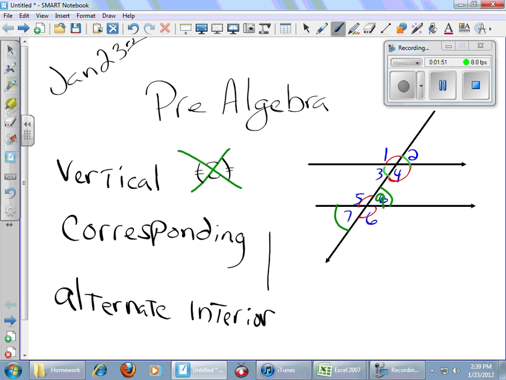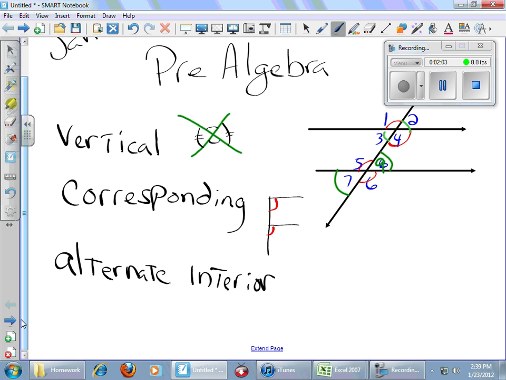Corresponding angles make an f, and when you have that, this angle here and that angle there are the same. And remember, these f's or x's can be turned backwards, upside down, forwards, inside out, whatever it takes. Alternate interior angles make a z, and when I have that, I know that these angles are the same.